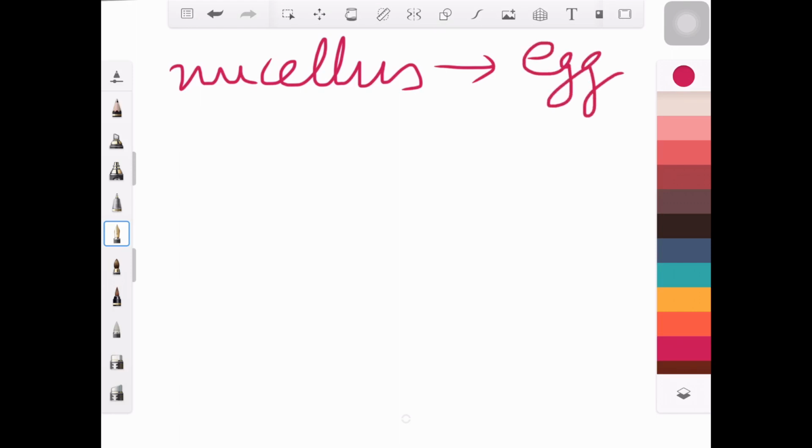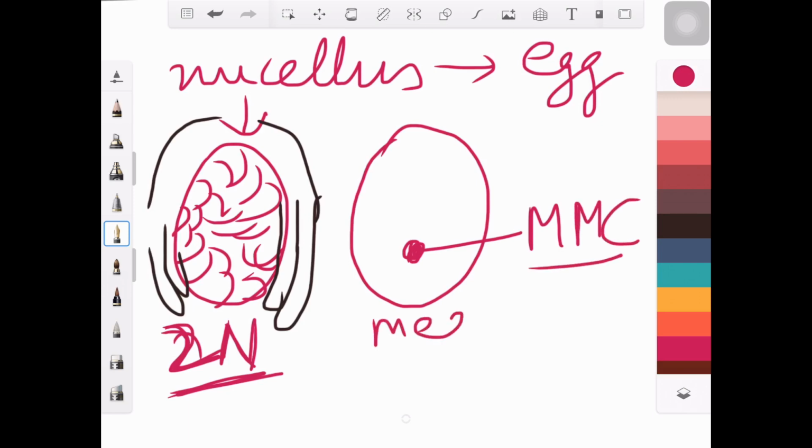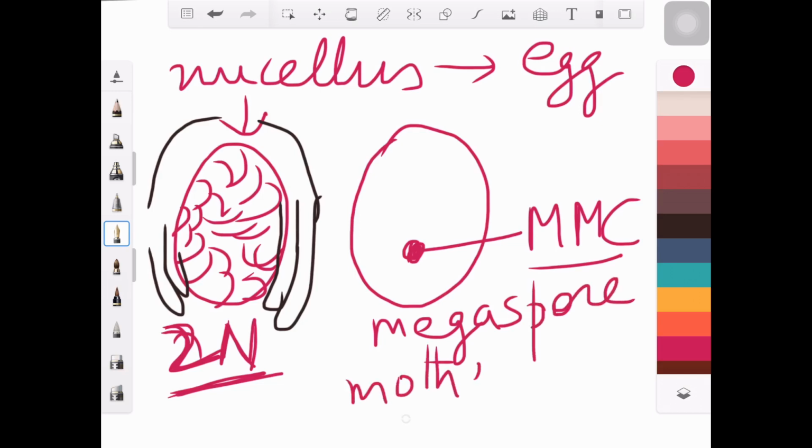But how exactly? Again, this is the nucellus, but only one cell somewhere has changed into a megaspore mother cell. One of the cells of the nucellus will act like this. And it is again 2n in nature.